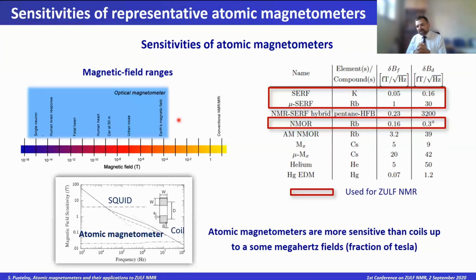But in general, the problem is that in solids and in liquids, your T2 is extremely short. So your electronic transverse relaxation time is extremely short, which means that while you have a lot of atoms in your system, at the same time you're suffering from a very short T2.